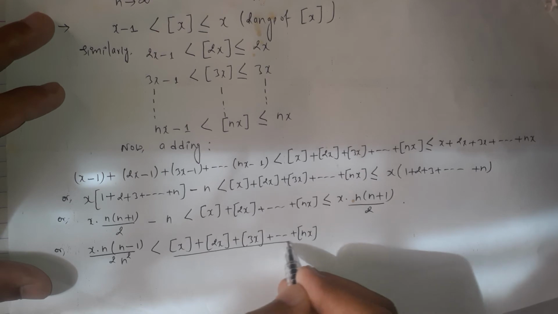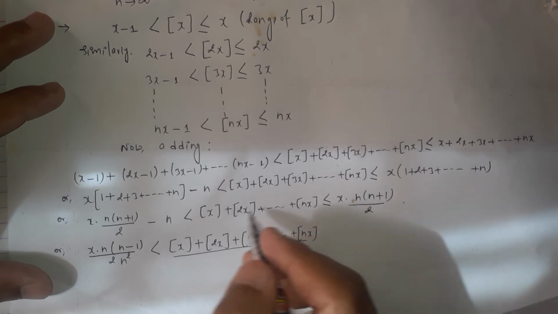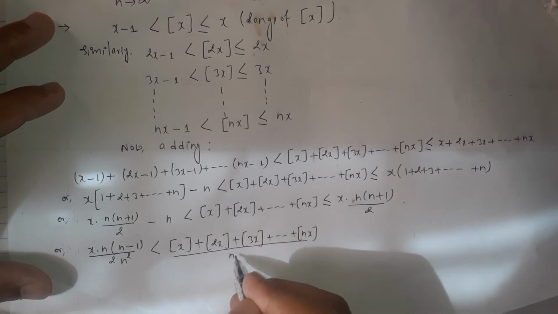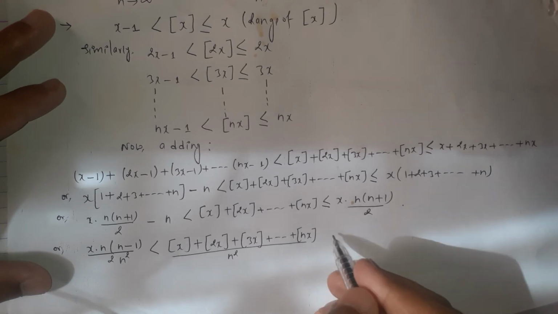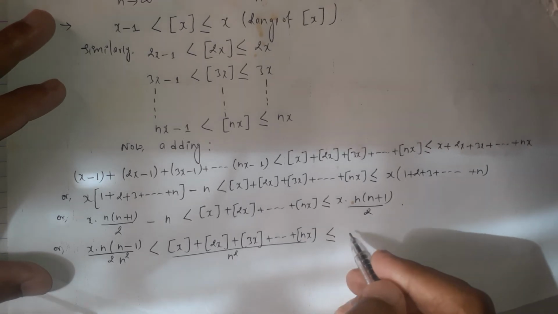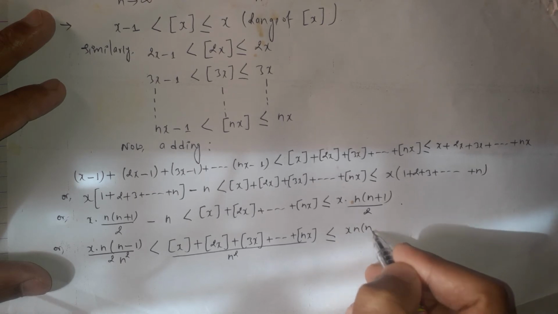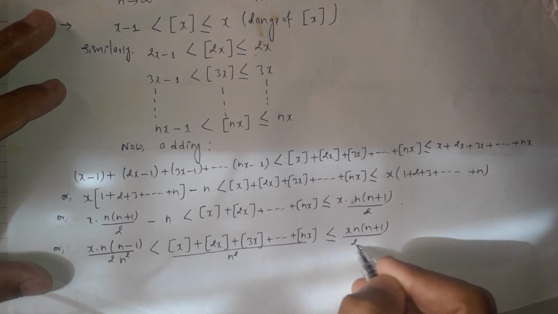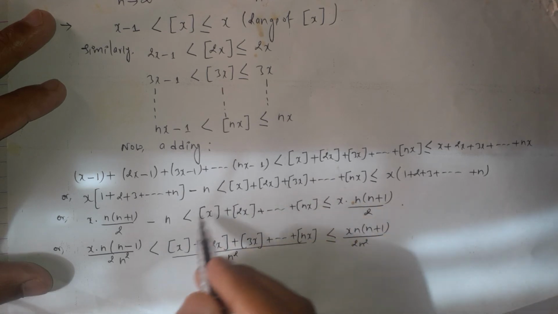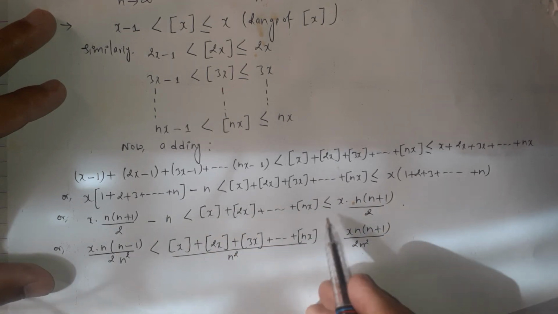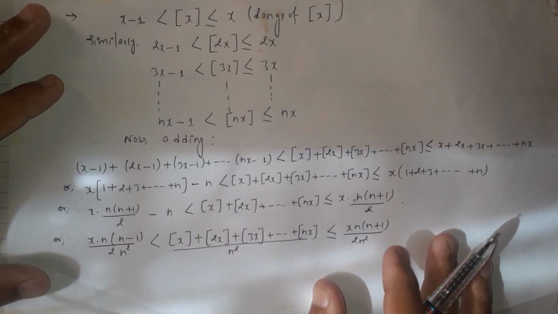Here we divide all the parts of the inequality by n square, and it is less than or equal to this, also divided by n square.